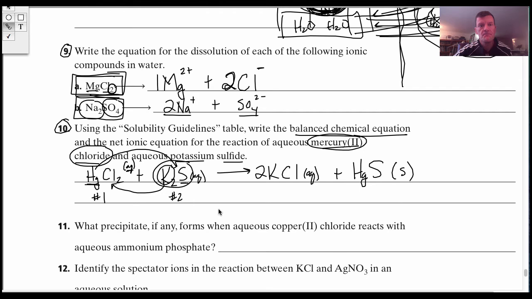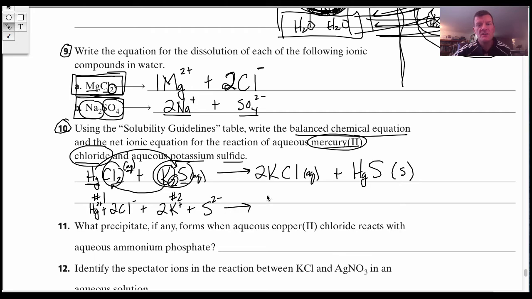Okay? Now, let's take this a little step further. Let's break this apart into ions. Anything that says AQ, I'm going to break it apart into its ions. Watch. Hg2+ and the Cl-, there are 2 of those, plus 2 potassium ions, plus 1 each, and the 1 sulfide, which is a -2.